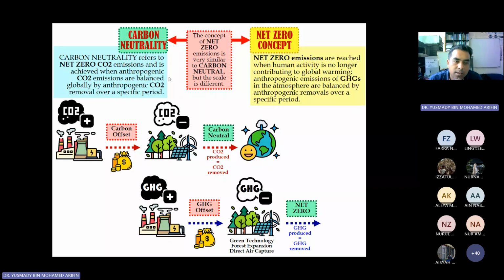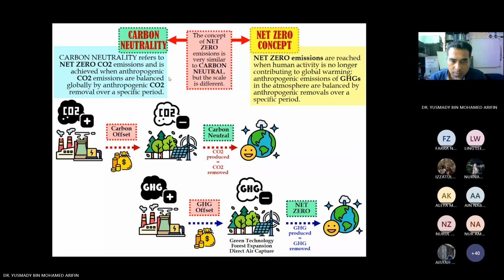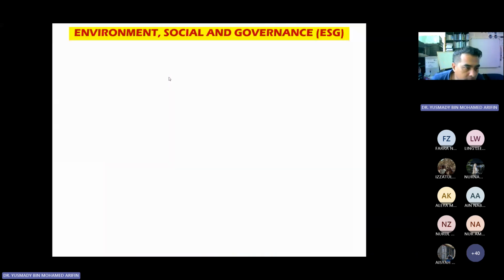So the difference is one concept focuses on CO2, the other, net zero, refers to GHG gases. Okay, so that is the difference between carbon neutrality and the net zero concept. Boleh tak? Okay, ya. Ada lagi?